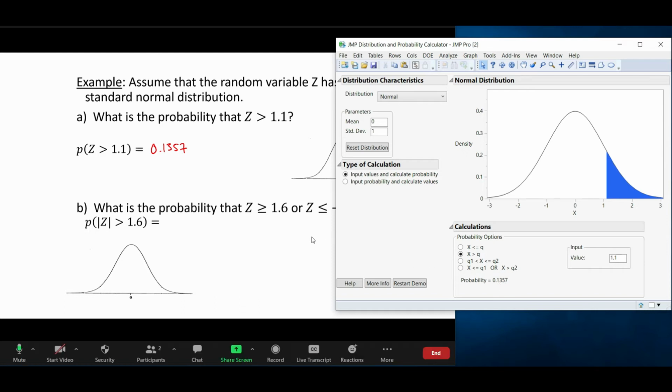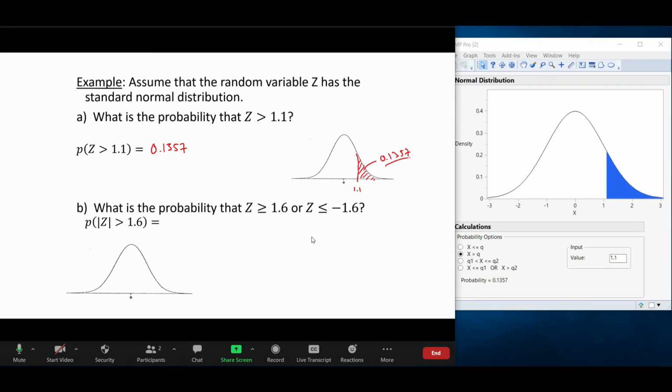Okay, so here's an interesting one. What's the probability that z is greater than or equal to 1.6 or less than or equal to negative 1.6? So I'm really looking at the area of the standard normal in the tails beyond those cutoff points. And one way that we might see this written is that the absolute value of z is greater than 1.6.